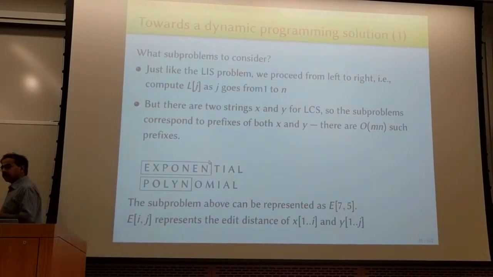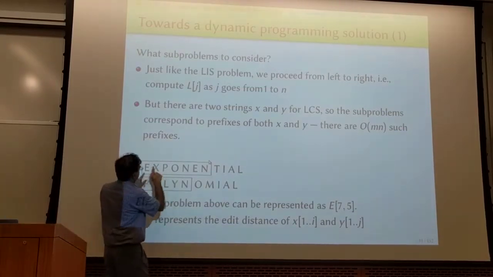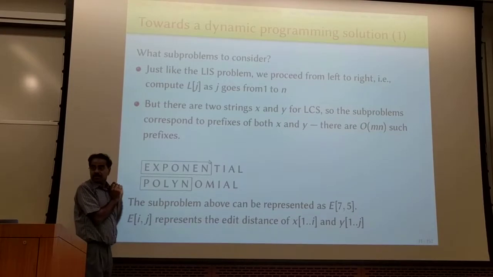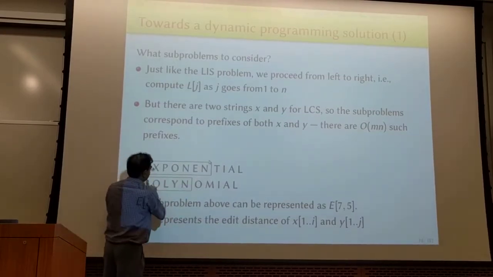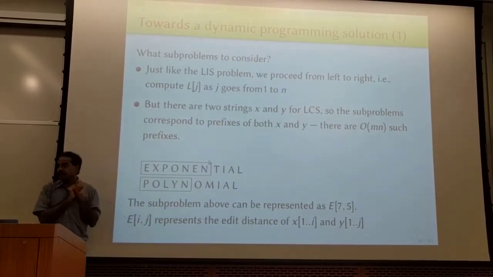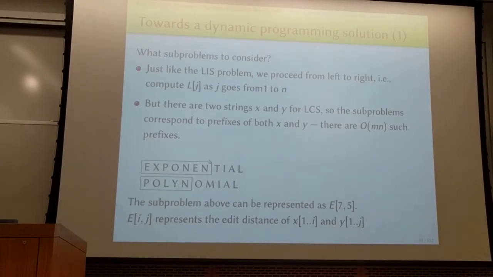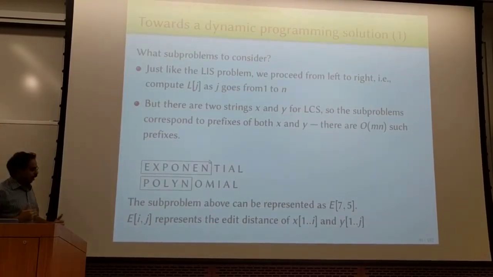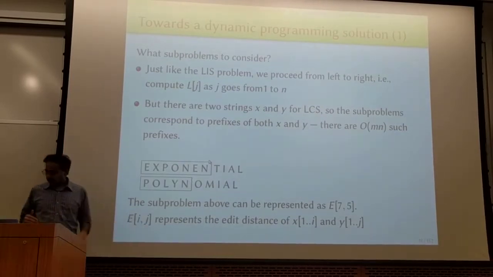Then using that edit distance, can we compute the edit distance of these 8 characters with these 5 characters, or these 7 characters with these 6 characters? Either way allows us to make progress going left to right on at least one of the 2 strings.